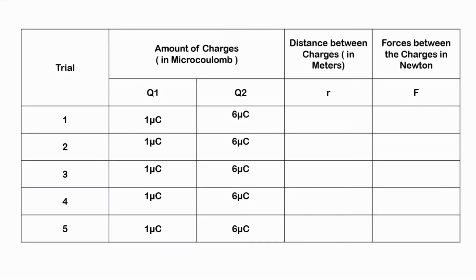For the 5 trials, our Q1 will be 1 microcoulomb, while our Q2 will be 6 microcoulomb. The distance between the charges should be in meters and the value of force should be in newtons.